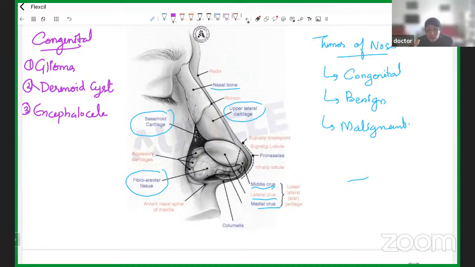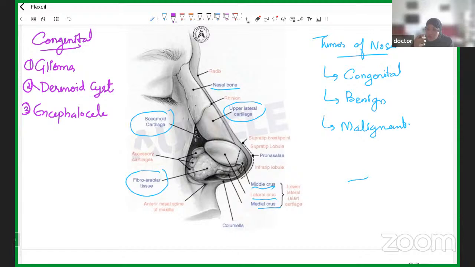Now, coming to the point of glioma. Glioma is a nipped-off portion of encephalocele. So what is encephalocele? Encephalocele is a herniation of brain tissue with its meninges into the bony defect. So encephalocele is actually the herniation of the brain into the bony defects of the bone. Now, an extranasal meningoencephalocele presents with subcutaneous pulsatile swelling. All right.